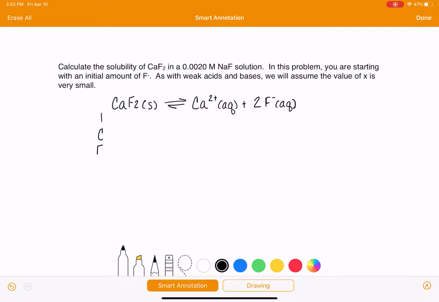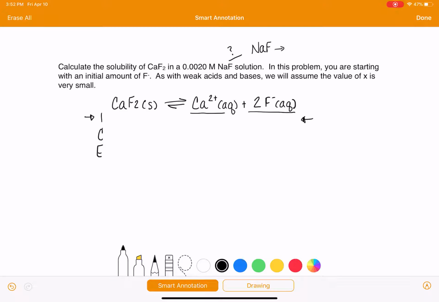So for the ice table, in this initial column, this is where we're going to have to think a little bit more because this calcium fluoride is being put into a solution instead of being put into pure water. So what we're going to do is ask ourselves, what does NaF have that might possibly be part of our equilibrium?